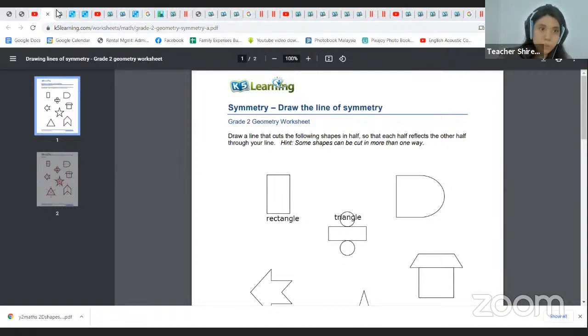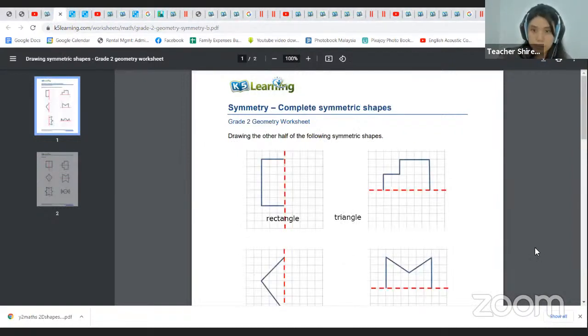Or you can print screen and try to do this. Okay, Angel? Can you open your Google Classroom? Open your Google Classroom from your tablet.